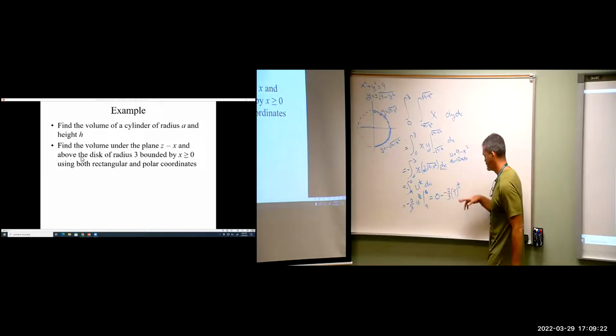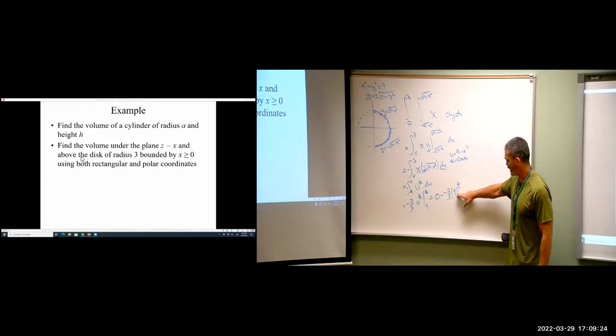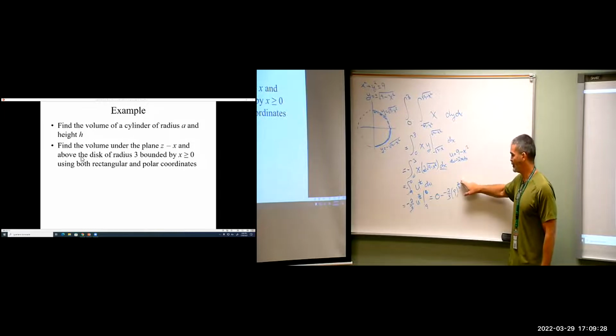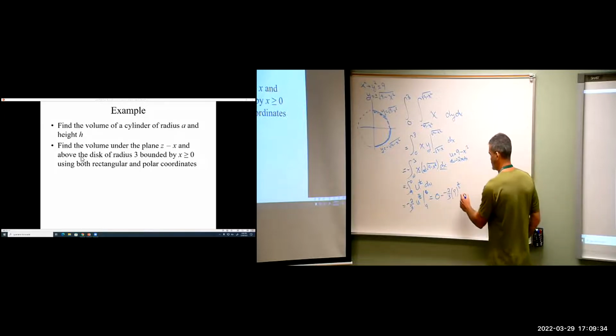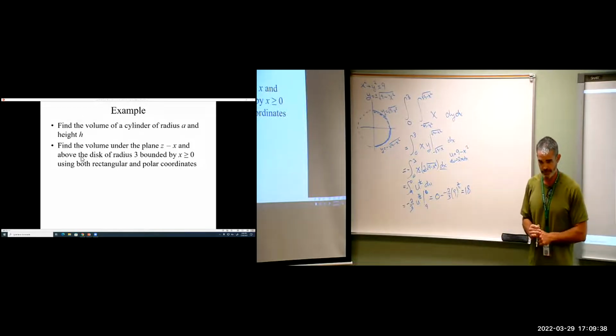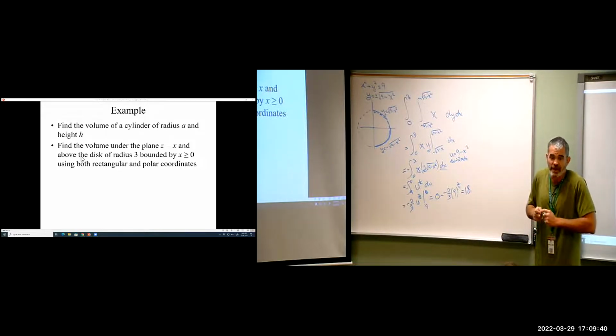That's the square root of 9, which is 3, cubed, which is 27, times 2/3, which is 18. Okay, this one's doable by hand. I mean, I've chosen a function so that it would be.